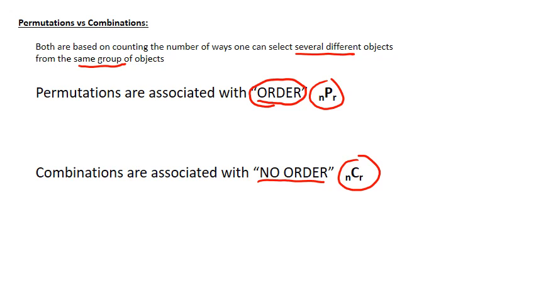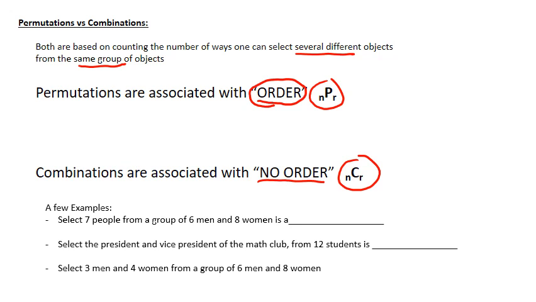And you try to decide which one they associate with. So again, stop the video. All right, our first one. Select 7 people from a group of 6 men and 8 women. I'm picking 7 people. So I know this is a combination. Because again, if I pick you first, or I pick you 5th, you're just a person being selected, right?